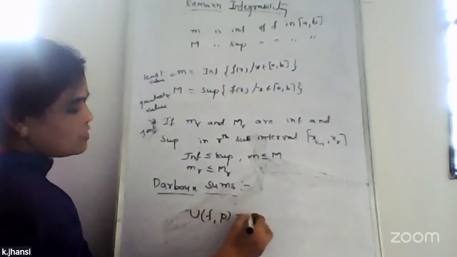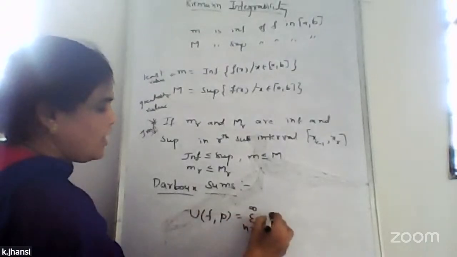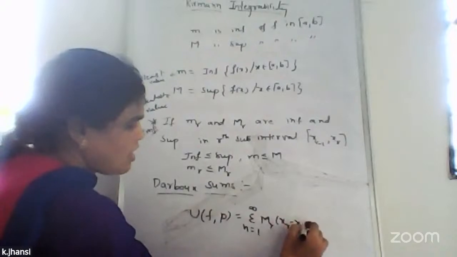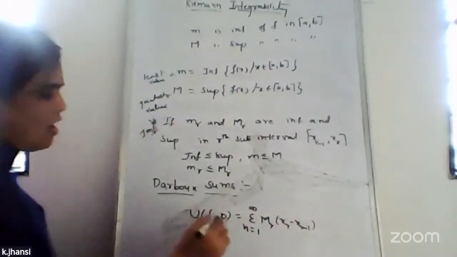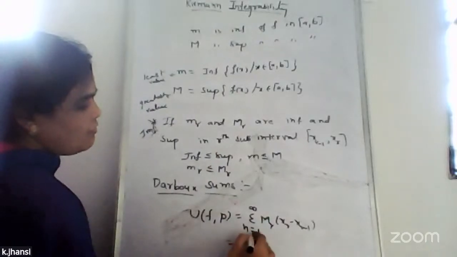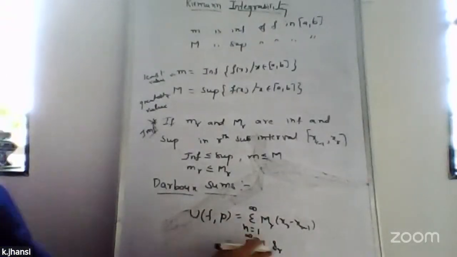It equals the summation over r from 1 to n of capital M_r (x_r minus x_(r-1)), or else the summation of capital M_r times delta_r, where delta_r is the length of the subinterval.